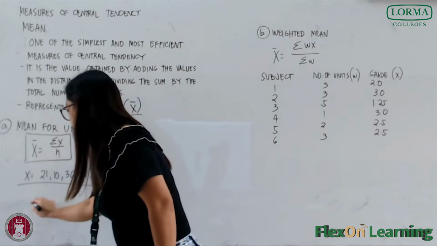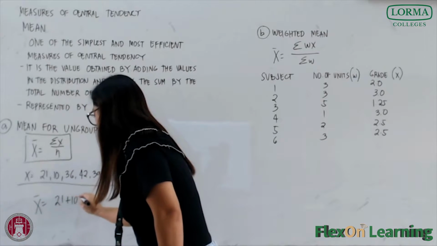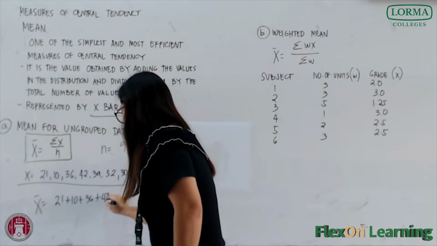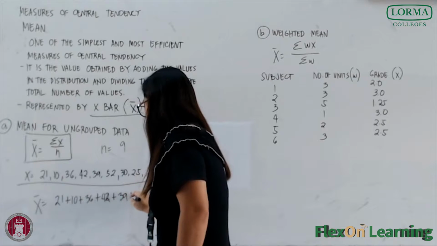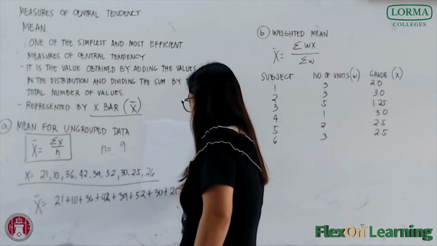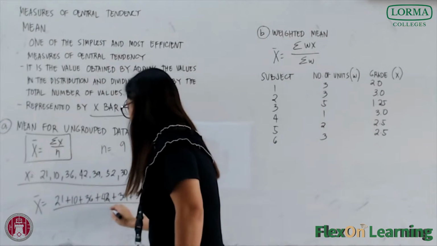The mean would now be equal to 21 plus 10 plus 36 plus 42 plus 39, 52, 30, 25, and 26 divided by 9.